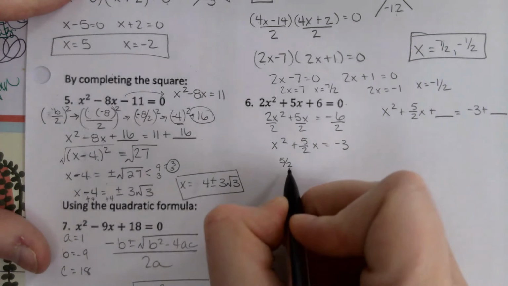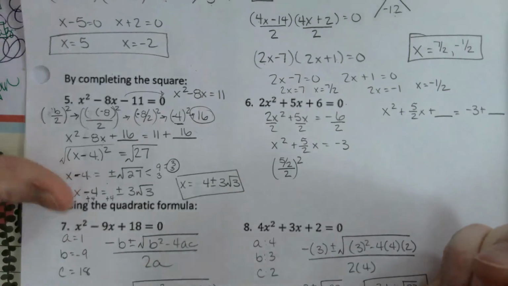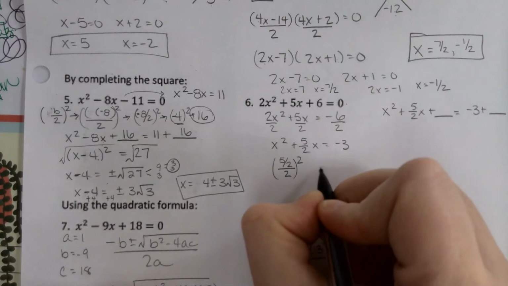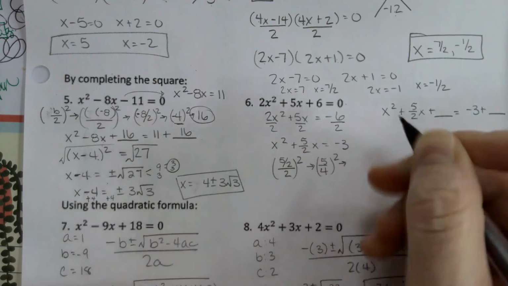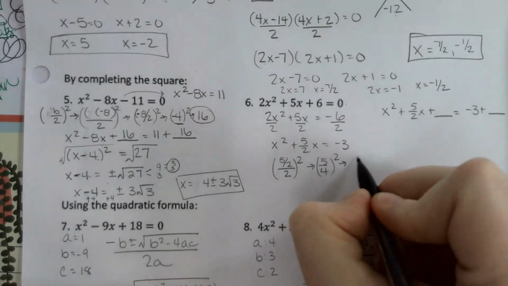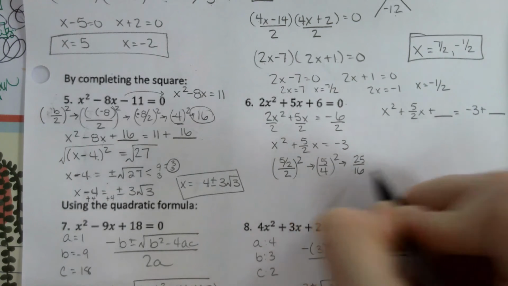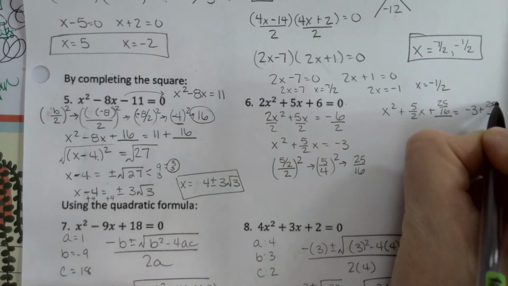So what we're going to do here is take b divided by 2, quantity squared. And so I'm going to get 5/4 squared, which is going to give me 25/16, because you square both top and bottom. So technically I'm going to add 25/16 to both sides.